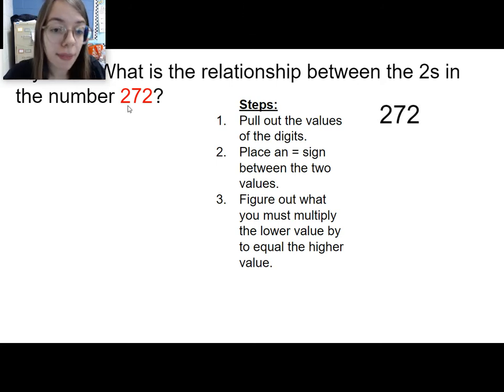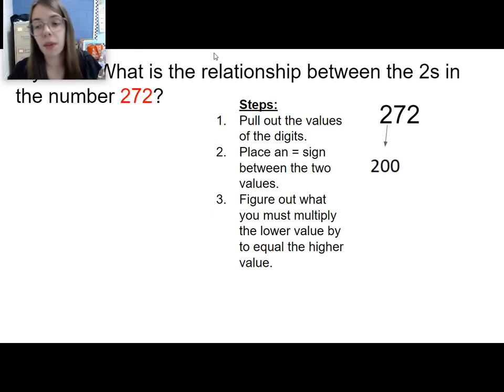Well, this 2 is in the hundreds place, so it's going to be worth 2 hundreds. This 2 is in the ones place, so it'll be worth 2 ones. Well, I see the base number's the same, 2 and 2. 200 just has 2 more zeros than the 2 does.